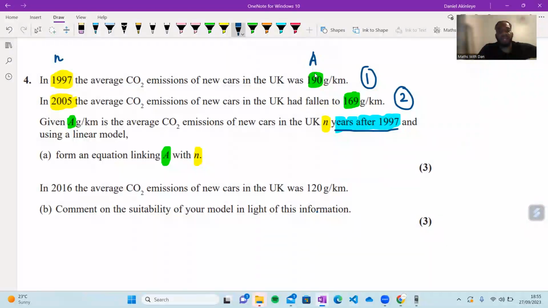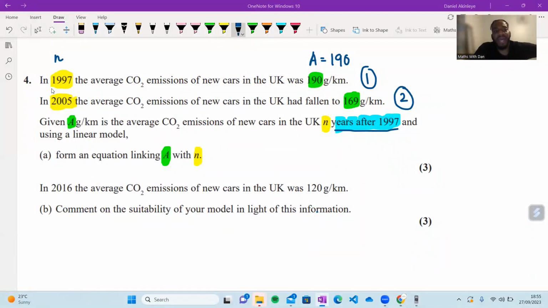Do we agree, guys? I want you guys to tell me yes or no in the chat. Because this is our CO2 emissions, do we agree that A, in this case, is 190? Good stuff. Now, this says in 1997, but it also says that N is representing N years after 1997.